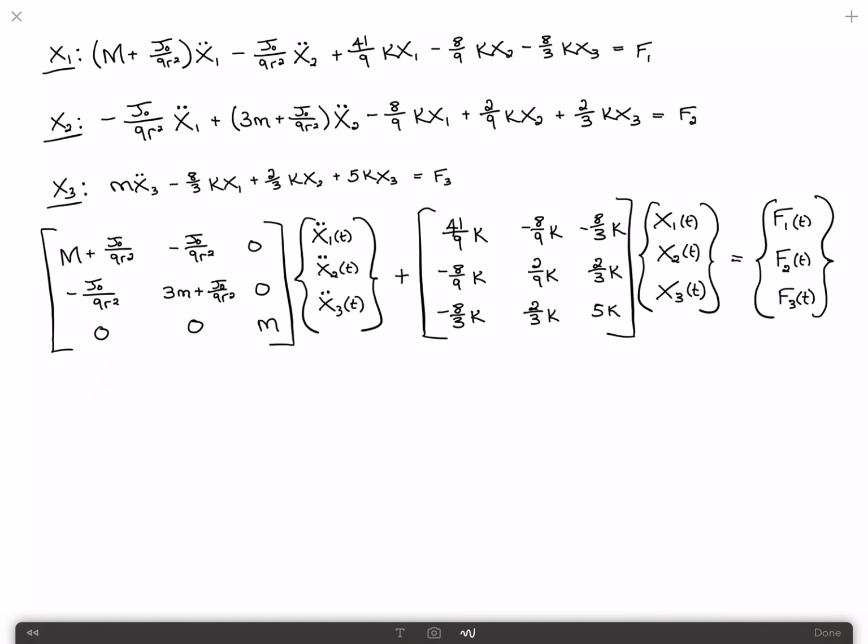And in doing so, I've now written this in the form of m times x double dot of t plus k times x of t is equal to f of t, where obviously this is the M matrix and this is the K matrix. And that's it. We're done.